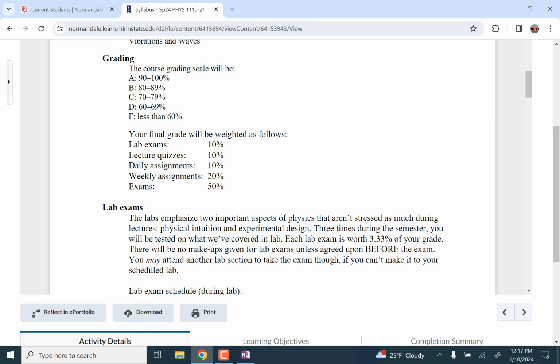The grading scale for this class, it's possible if the grades are lower than I mean them to be on some tests, I might curve it a little bit, but most likely this is going to be the grading scale for the class. 90 and above is an A, 80 to 90 is a B, 70 to 80 is a C, and over 60 to pass.